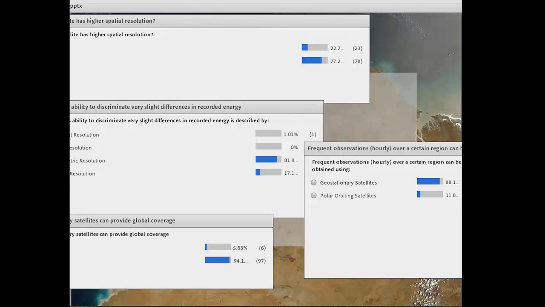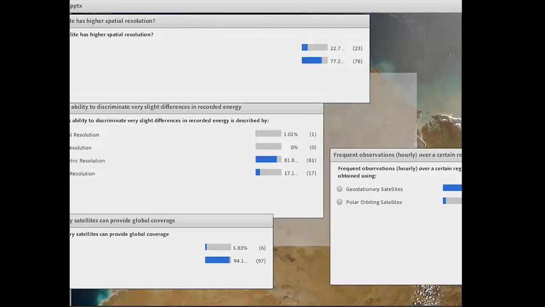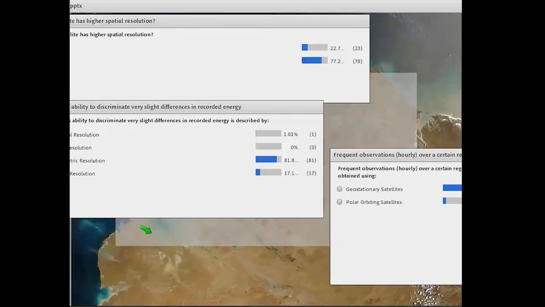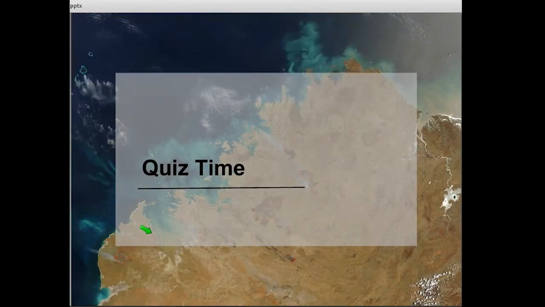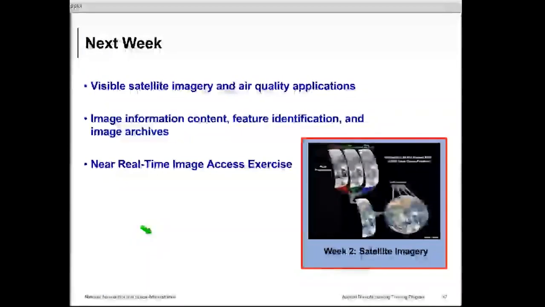With that, let's move on, and I want to provide you some more basic information. I'm going to move these questions away. Next week, we will talk about satellite imagery, how to use it for certain air quality applications, what it means for information content, and how to identify different features.